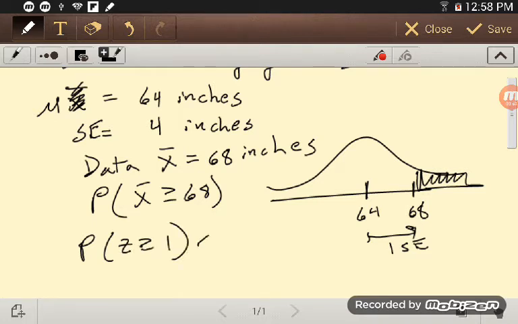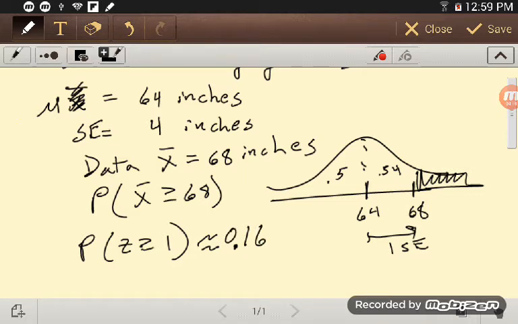And I know that that is about, let's see, you've got 50% here. You've got another 34% there because of the rule of thumb, and so that's 84%. So I know this is about 0.16.